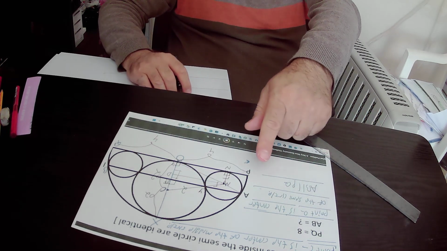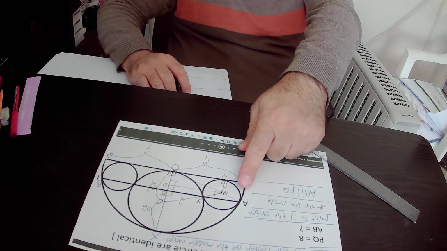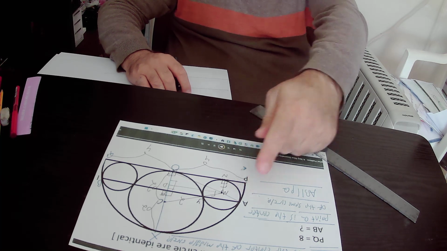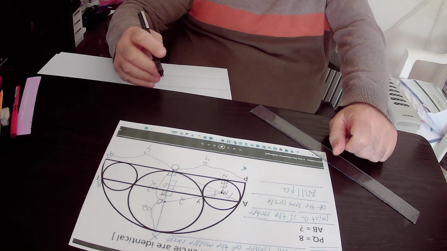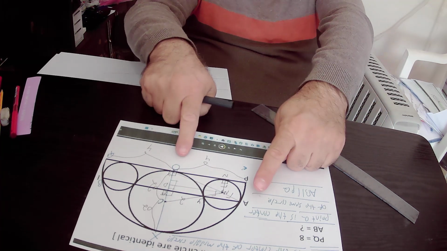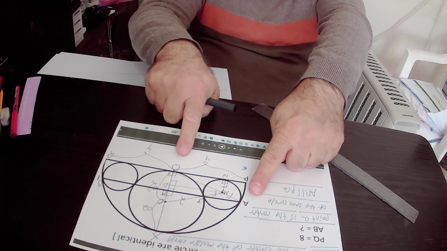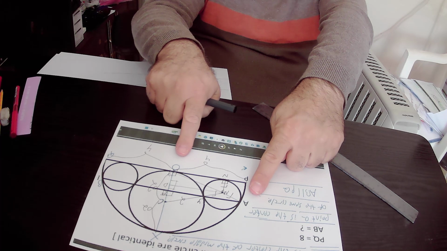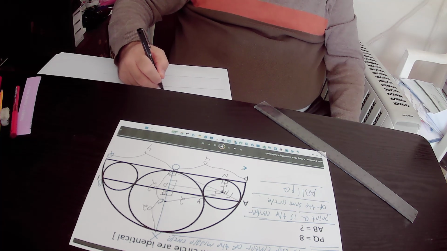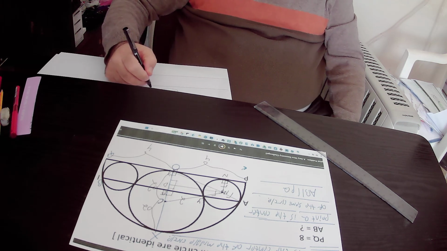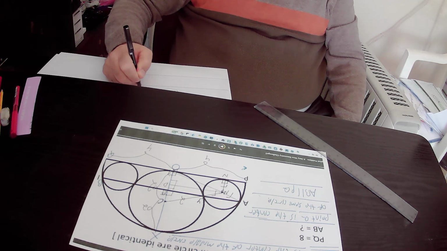As you can see from the drawing, AM is the radius of this small circle, that is to say it equals to R. And we know that OA is the radius of the semicircle, that is to say it equals to 4 units. So OA equals to 4 units and AM equals to R, it is the radius of the small circle.